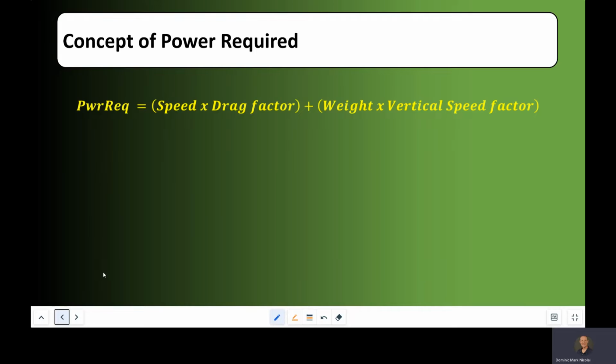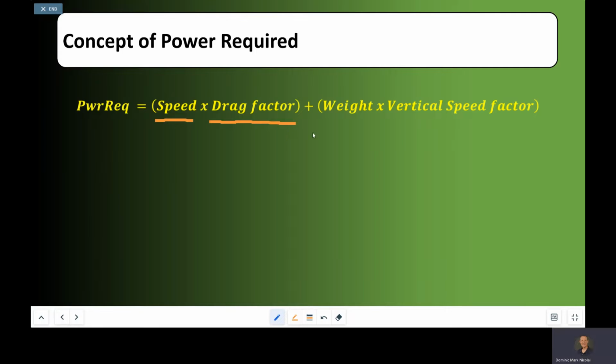So this isn't a mathematical formula where you can plug numbers into it. It's more just a concept here that when I'm flying an airplane in level flight, the speed that I want to obtain, with consideration for the drag factor in there, clean, or flaps down, landing gear down, right?